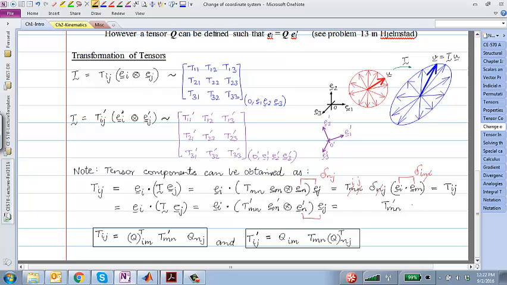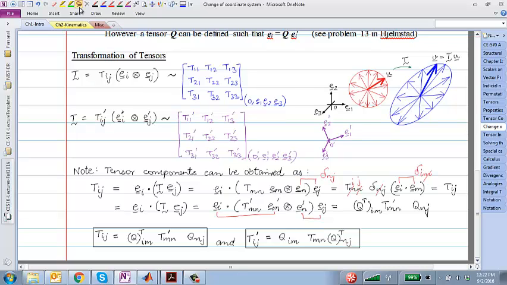So I'll write that as Qnj, and on the left hand side of that operation, I would have this. This would be equal to Qmi, or I can write that as Q transpose im. And there is a good reason why I wrote it that way, because the second index of this Q transpose is the same as the first index of this T prime, and the second index of T prime is the same as the first index of this Q, which means what?